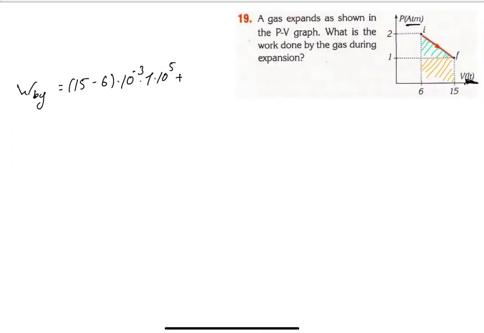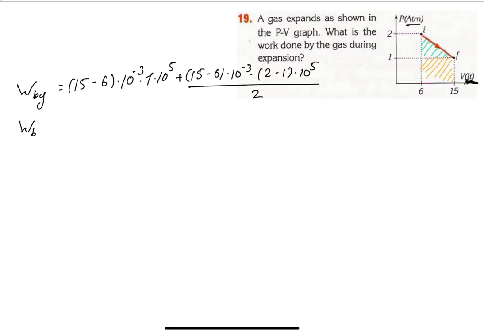And plus the second area, which is 15 minus 6 times 10 to the power of negative 3 times 2 minus 1 times 10 to the power of 5, but divided by 2 because this is the triangle.